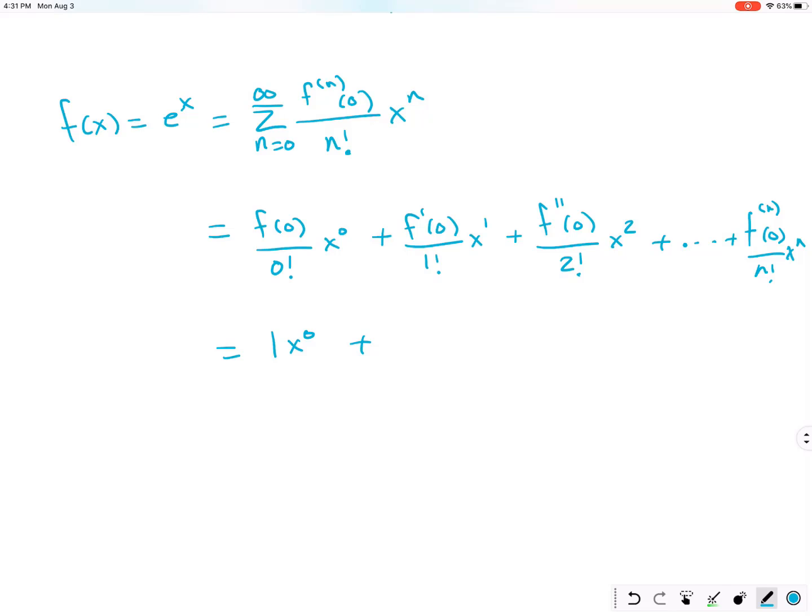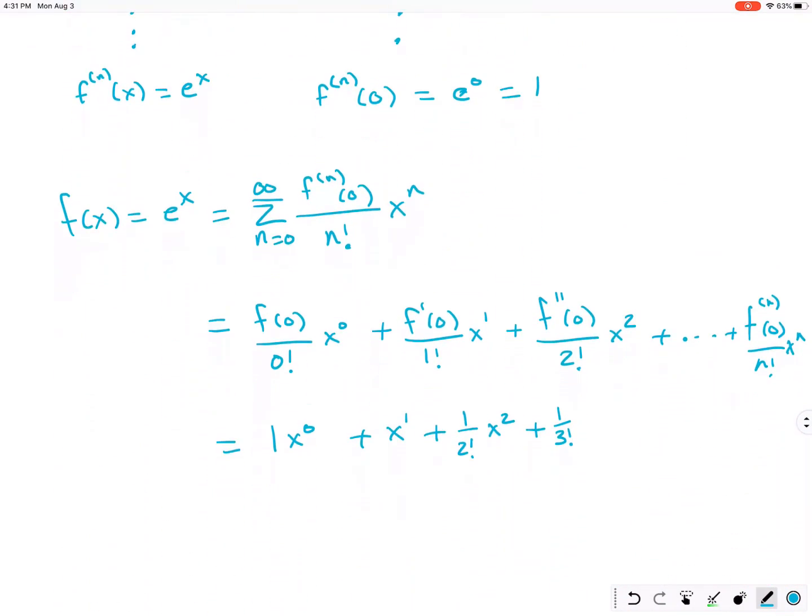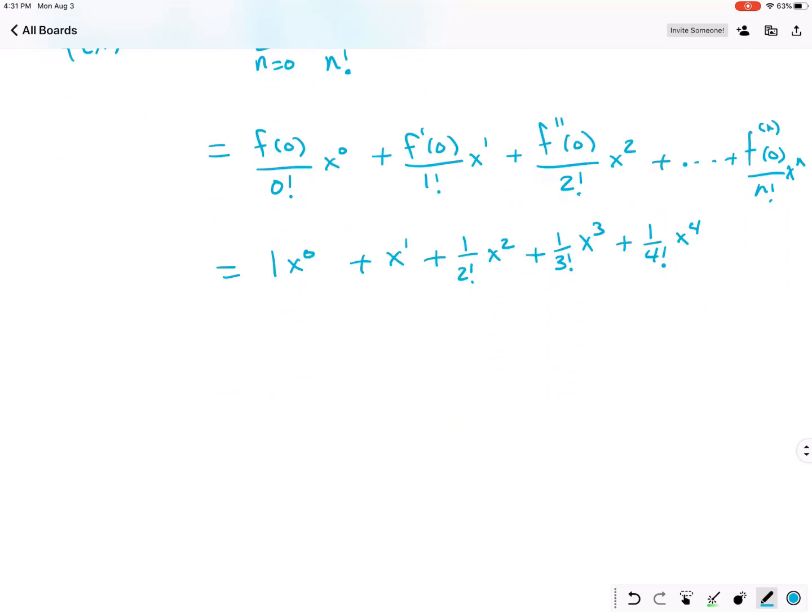And the first coefficient is equal to 1 times x to the 0. The second coefficient is equal to 1 times x to the first. The third coefficient is equal to 1 divided by 2 factorial times x squared, then 1 over 3 factorial times x to the third.